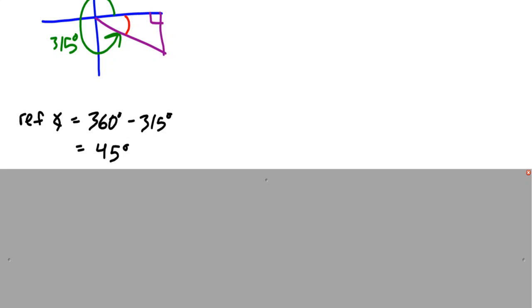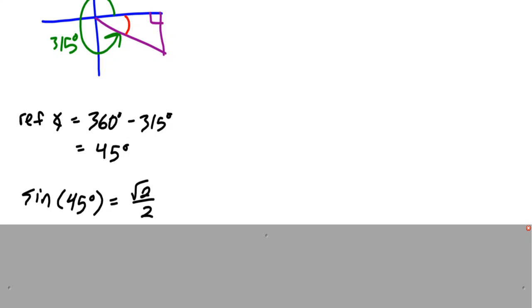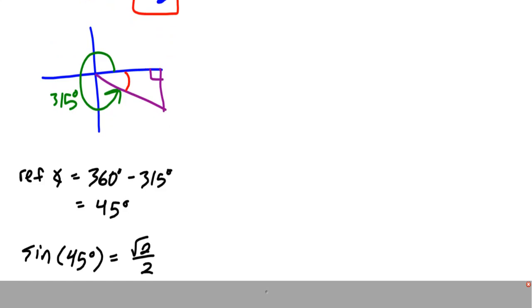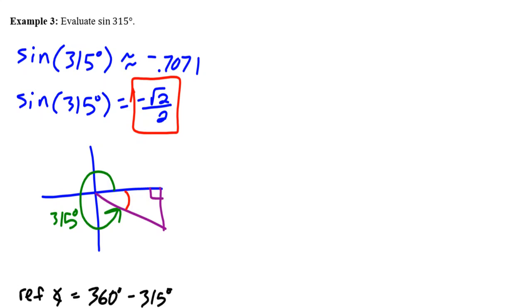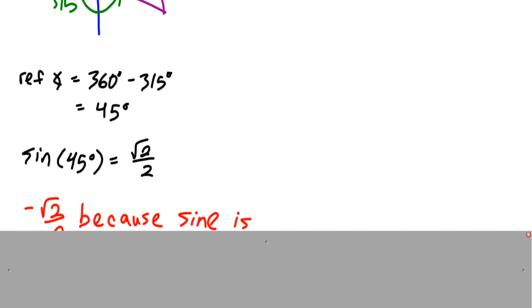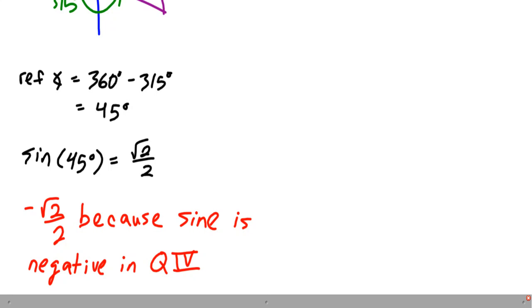One of the trig ratios that you should have memorized, but if you don't, it's okay, your calculator does, is that the sine of 45 is rad 2 over 2. So why is it that our calculator gave you negative rad 2 over 2? Well, it knew that we're in the fourth quadrant. And according to all students take calculus, cosine's positive in the fourth quadrant, which means that sine and tangent are negative. So that's why your calculator didn't just give you a positive rad 2 over 2. Because it's sine and sine's negative in the fourth quadrant, it gave us a negative rad 2 over 2.